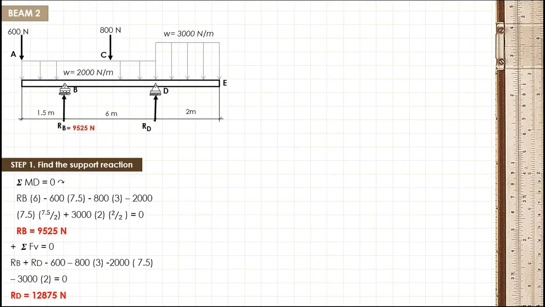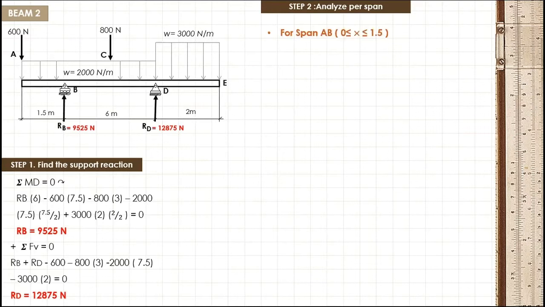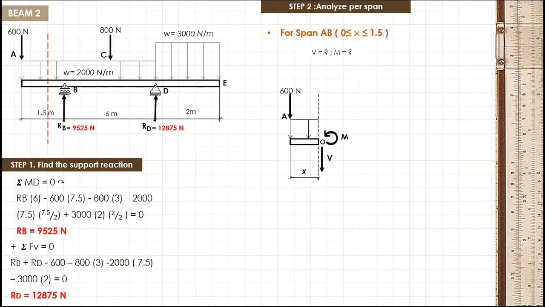And now that we are done in step 1, we can now proceed to step 2: analyze per span. So in order to analyze span AB, we need to make a section plane between span A and B. After that, we can now formulate an equation for shear or V and moment or M of span AB.